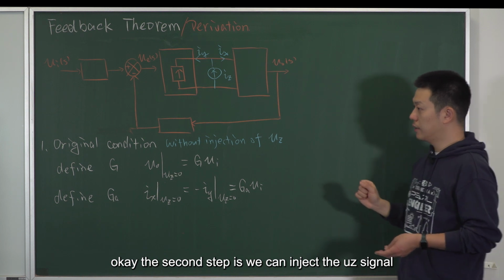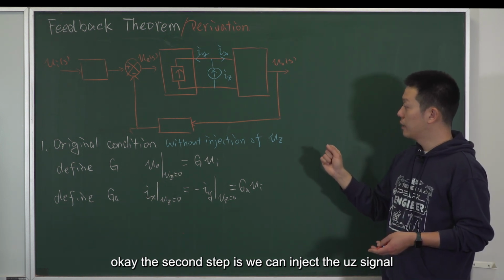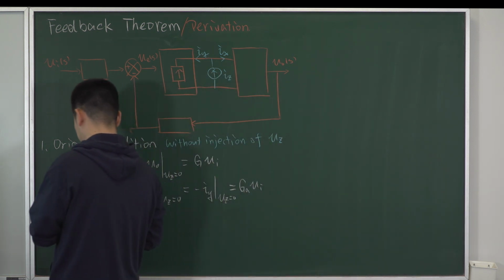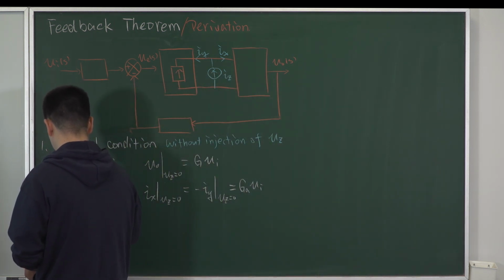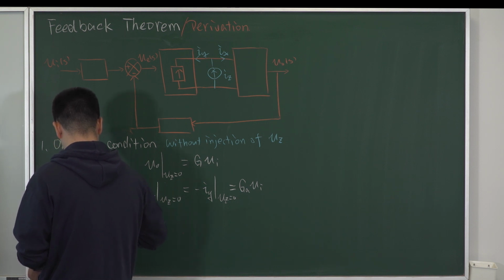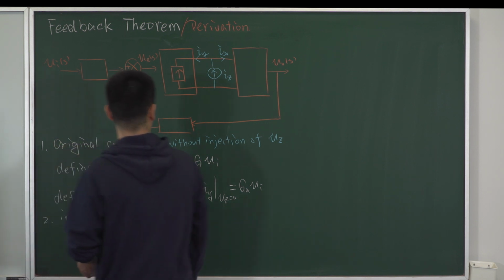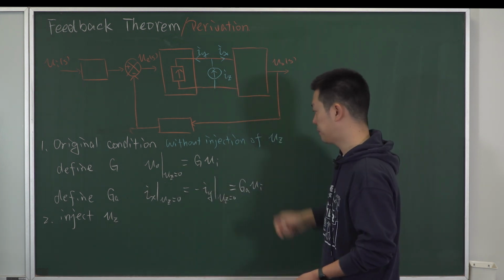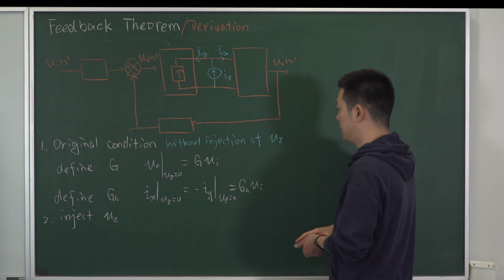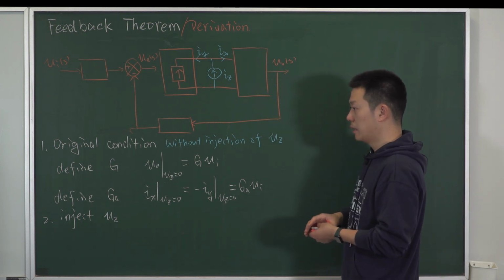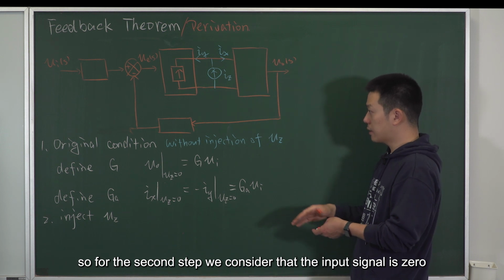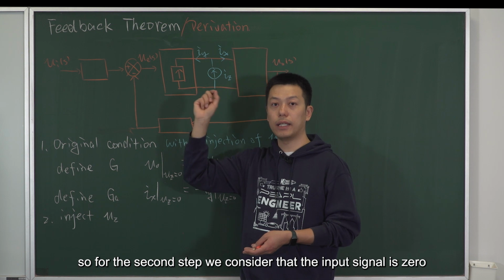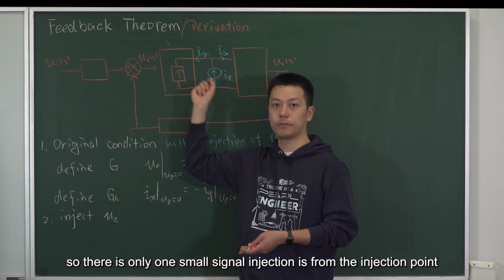Okay, the second step is we inject the UZ signal. It means that the IZ here no longer equals 0. So for the second step, we consider that the input signal is 0, so there is only one small signal injection, from the injection point.